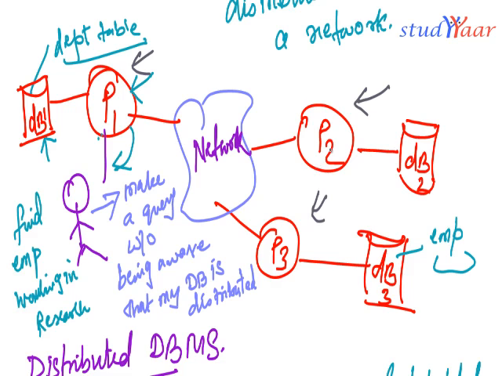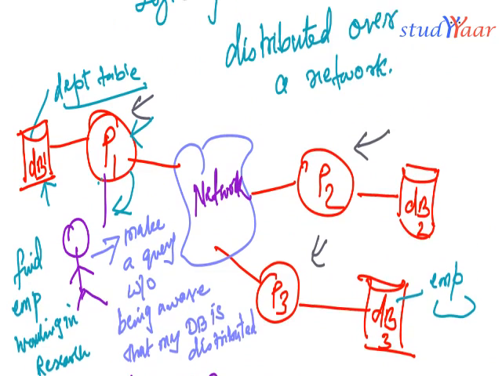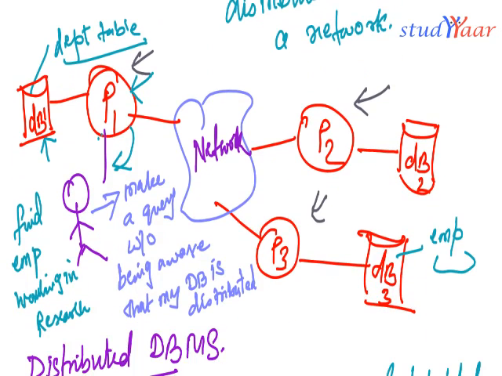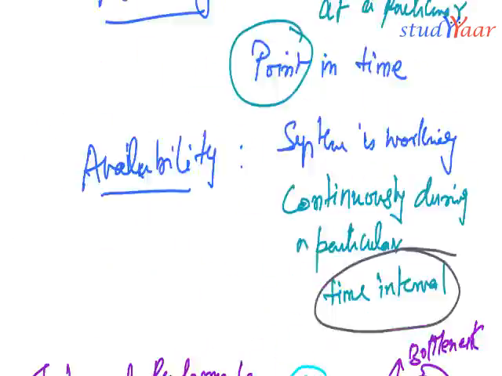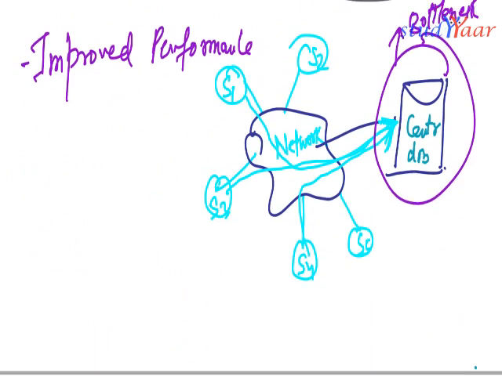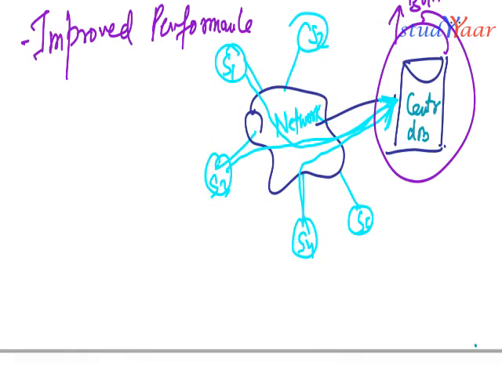So that is the concept of parallelization in a distributed system. My results are faster because all these locations or sites are working in tandem to execute my query. Therefore I say my performance is improved.